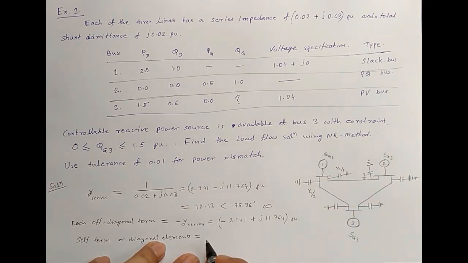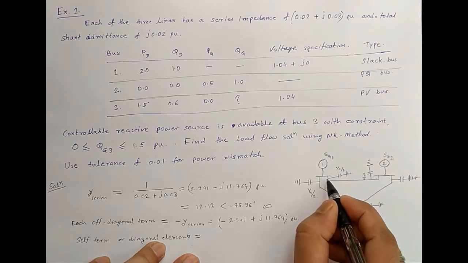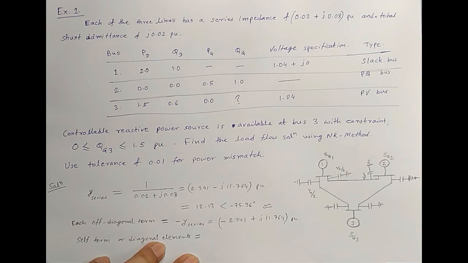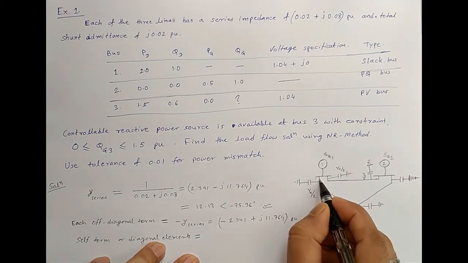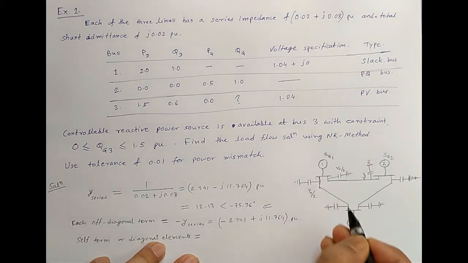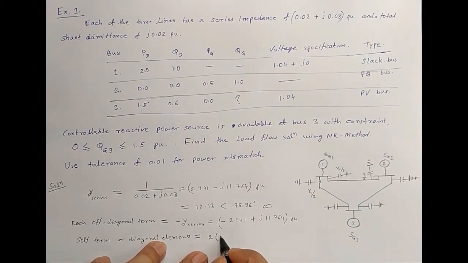So it will be one line for this path plus one line for this path, so 2 into (2.941 minus j11.764).